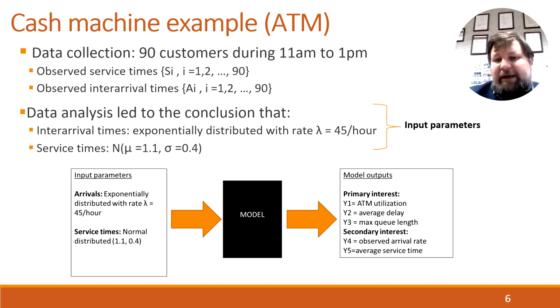So the model can produce outputs, and it could be two types: output data of our primary interest, such as ATM utilization, average delay, and maximum queue length, and a secondary interest, for example observed arrival rate and average service time.